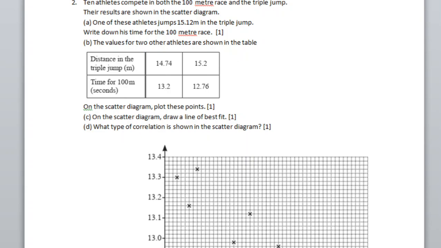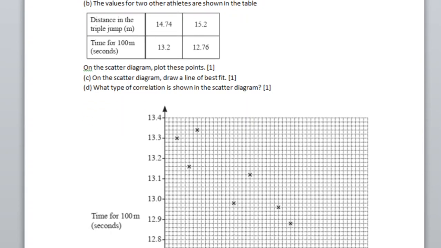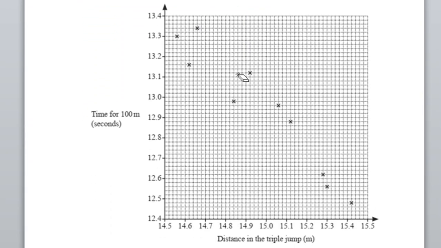Alright, so when the value on the x-axis is 15.12, what is the value on the y-axis? So let's see that. Where is 15.12 on the x-axis? This is 15, this is 15.1. The first block after 15.1 is 15.12.